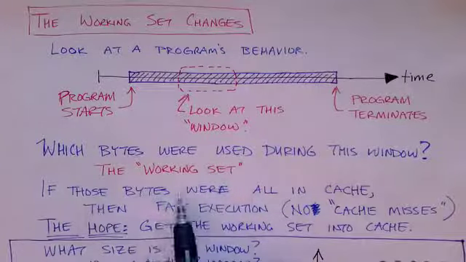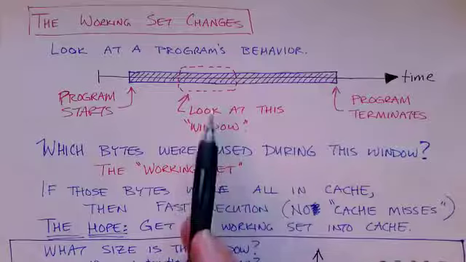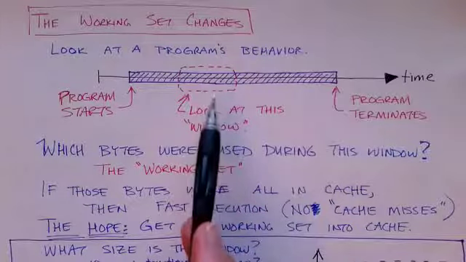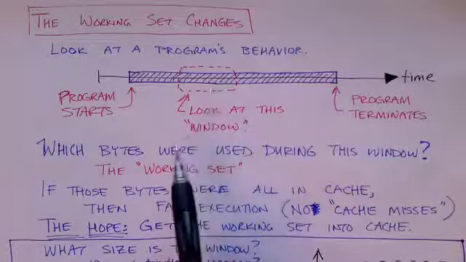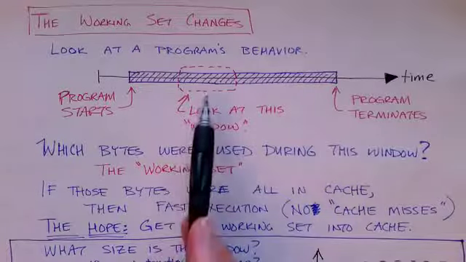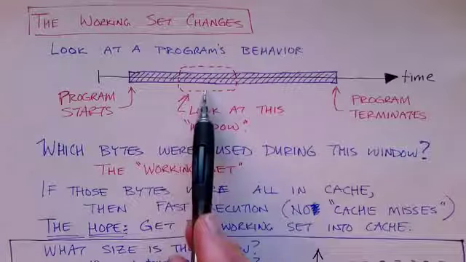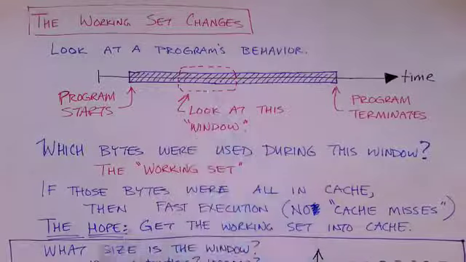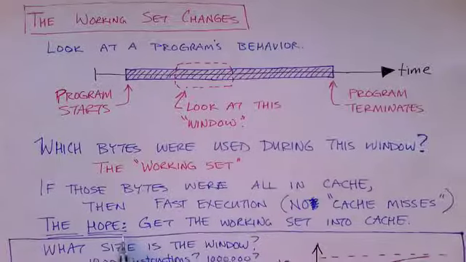If those bytes were all in the cache when they were needed, then the execution of the program was fast. There were no cache misses. Everything was in the cache. And so our hope or our goal is to get the entire working set into the cache at all times. Of course, this is not achievable in entirety, but we can come close.